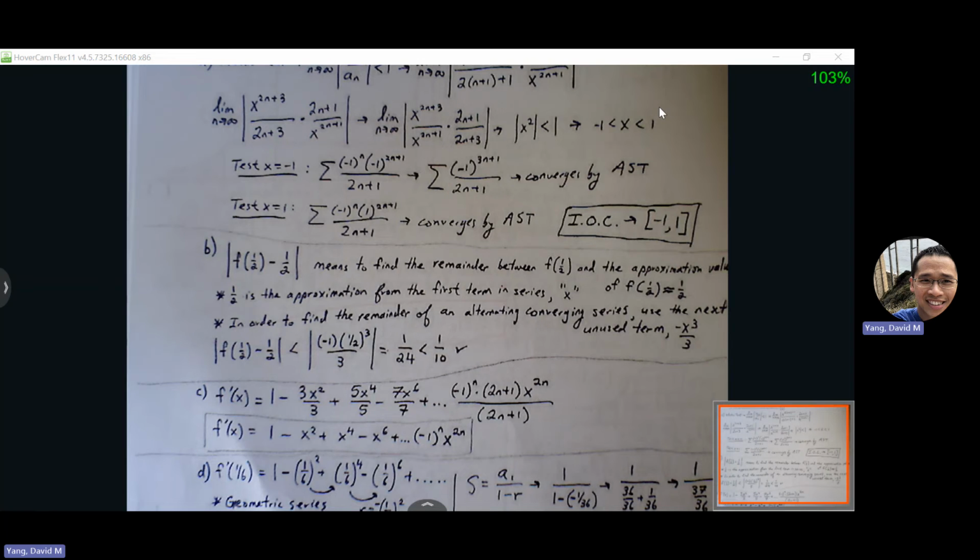The nice thing is the first unused term tells us, in the worst case, how accurate we are compared to the actual value. That next term tells us the accuracy.